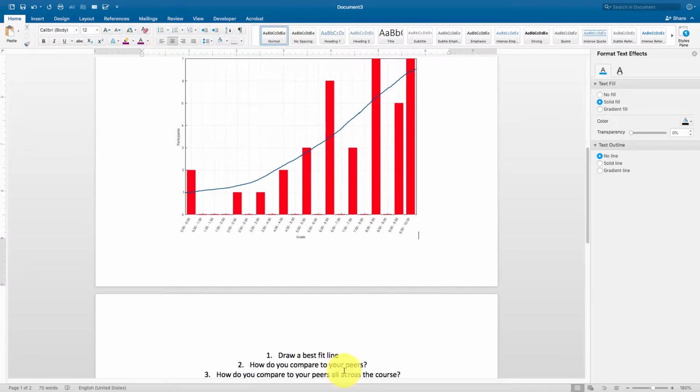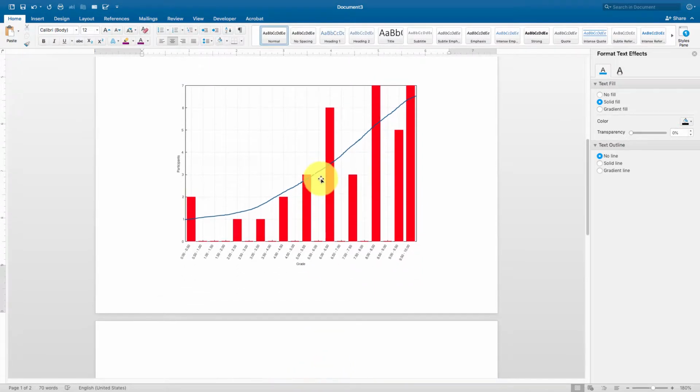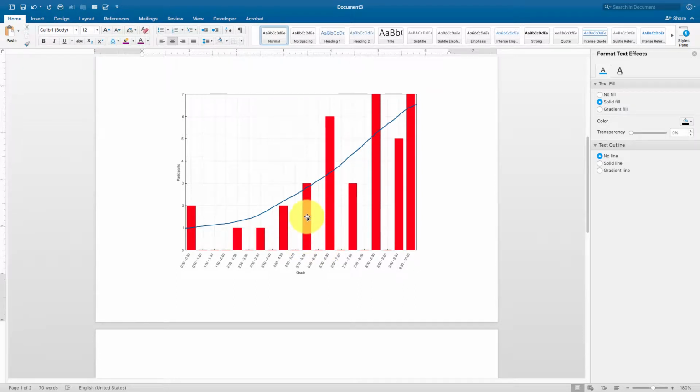If I were to ask some of these questions, how do you compare to your peers? For instance, if I scored a 5, kids are going to start writing things like, I scored less than average. Your average is going to be somewhere over here around 7.5. So I scored less than average.